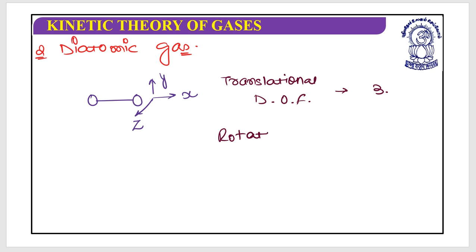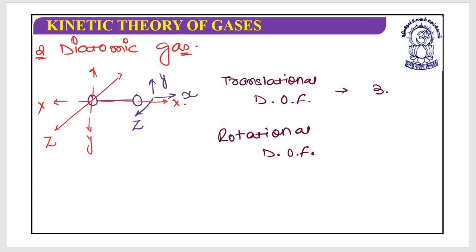Let's check the rotational degree of freedom of this system. For rotational degree of freedom, what I need to observe is, let's suppose this is X, this is Y, and this is Z. As you observe, both the molecules are on X, so it cannot rotate about X. I due to X is 0.